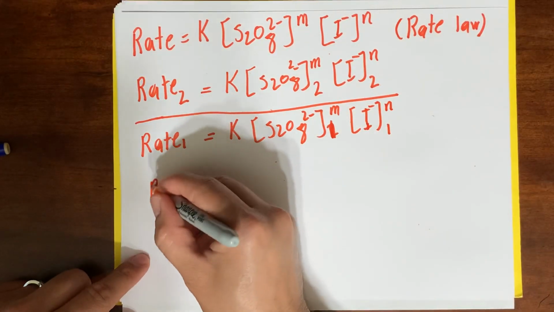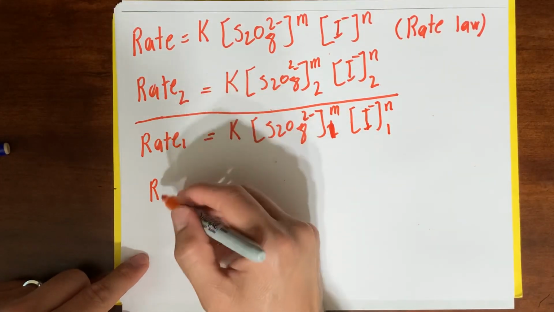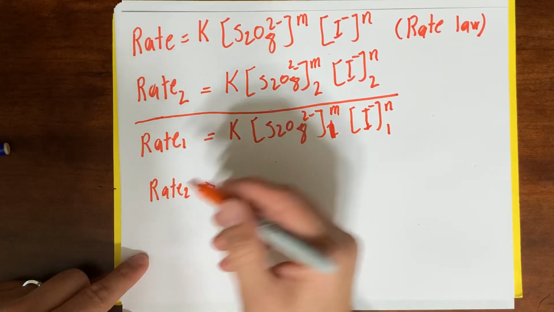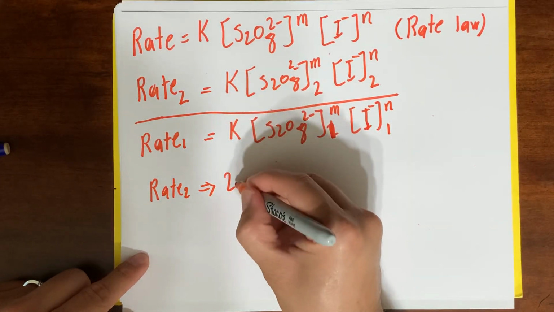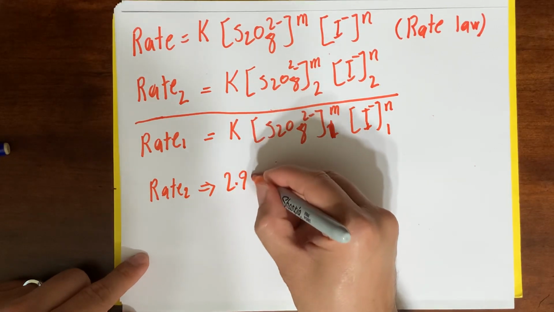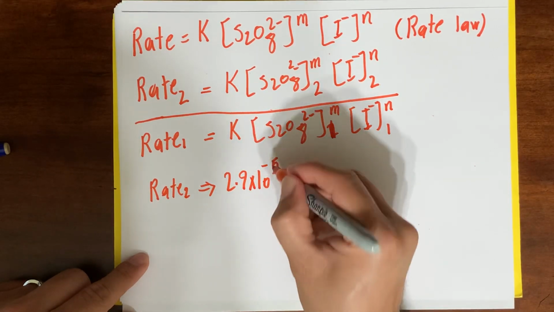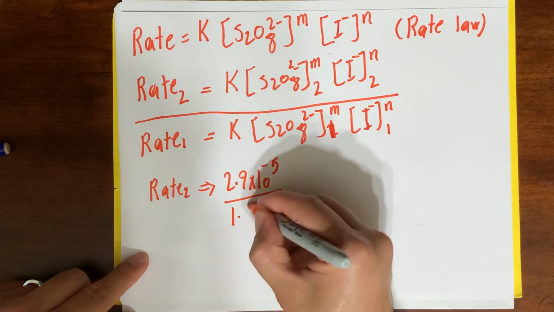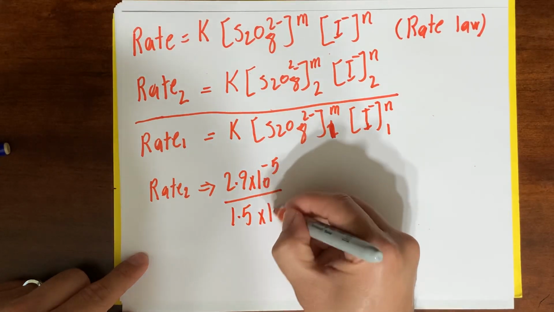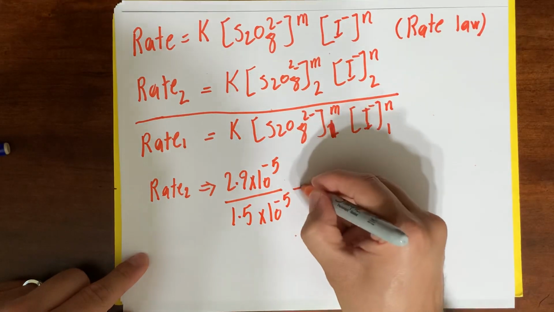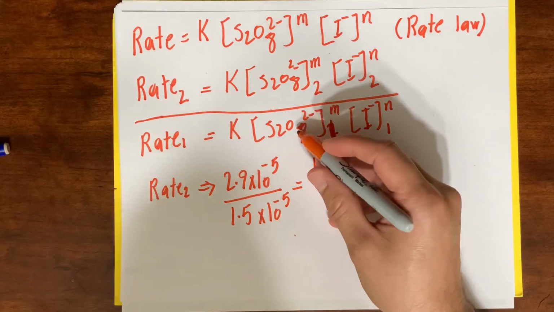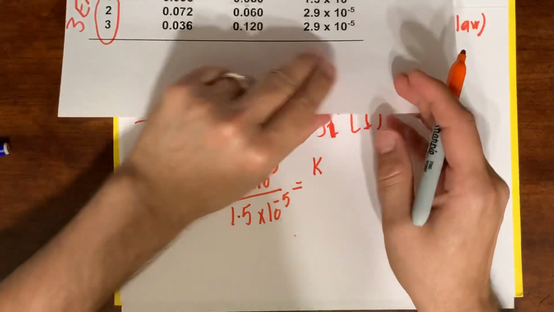So the rate for the second reaction says 2.9 multiplied by 10 to the power of minus 5, divided by the first one, which says 1.5 multiplied by 10 to the power of minus 5, equal to K multiplied by the concentration of S2O8 from the second reaction.